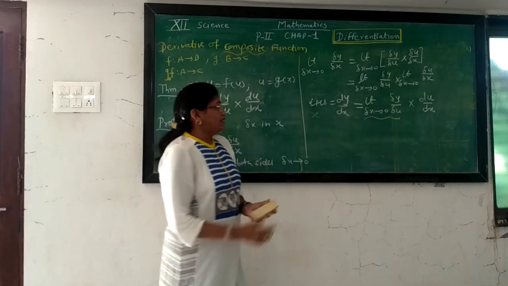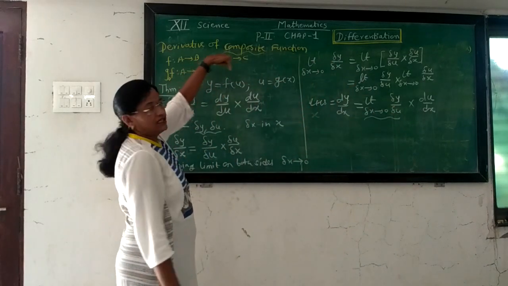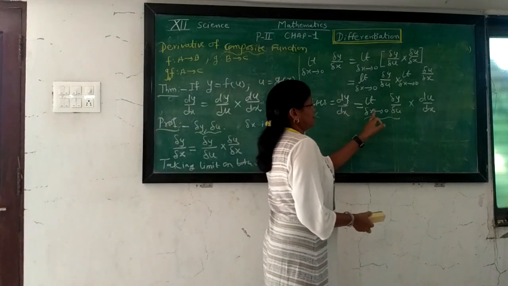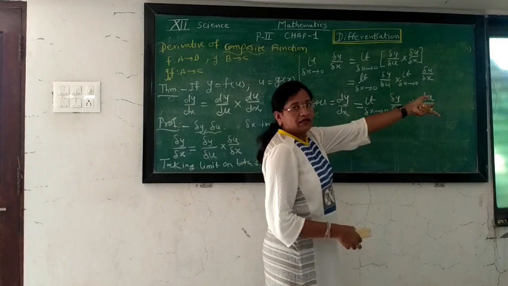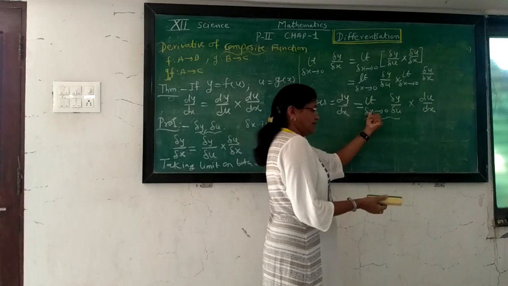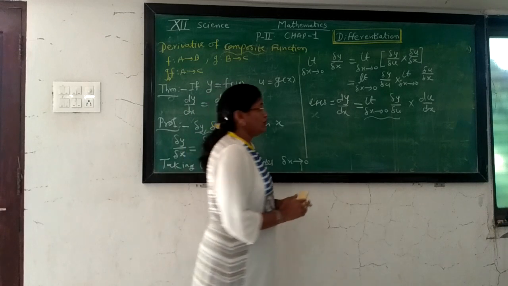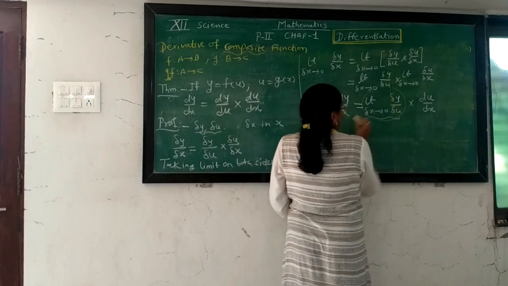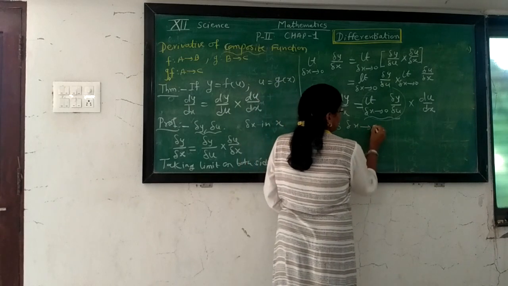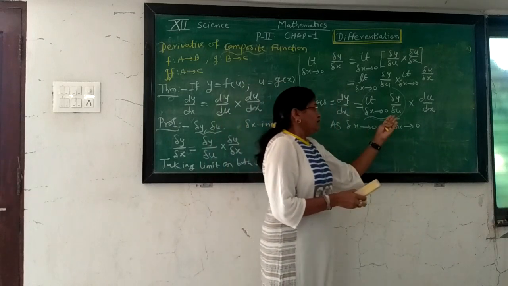As we take, y is a differentiable function of u, as given in our first statement, and u is a differentiable function of x. Now as u is a differentiable function of x and delta x approaches 0, that implies that delta u tends to 0. So for this limit, delta x tends to 0 implies delta u tends to 0, because u is already a function of x.